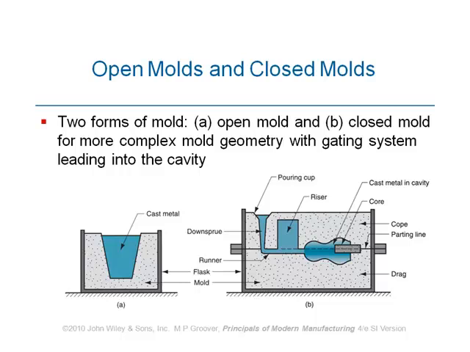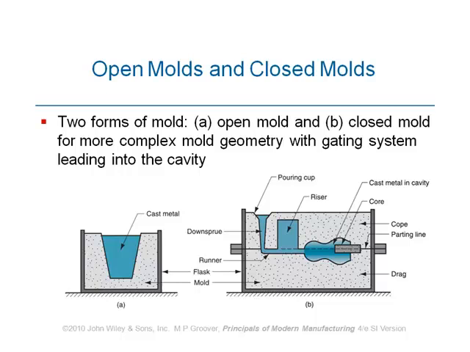Of course, if there is an internal shape, we've got to make use of cores. Cores are also often made of sand. However, often a finer grade of sand is used in order to make the core. And you can place the core inside the mold as you can see here.